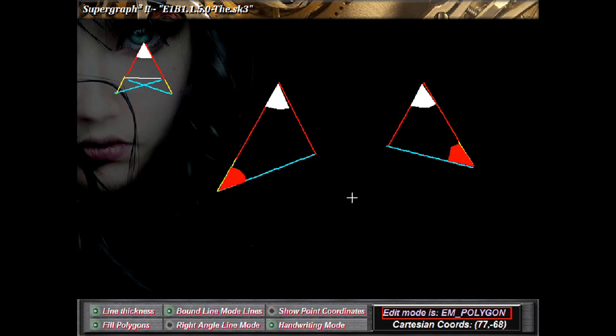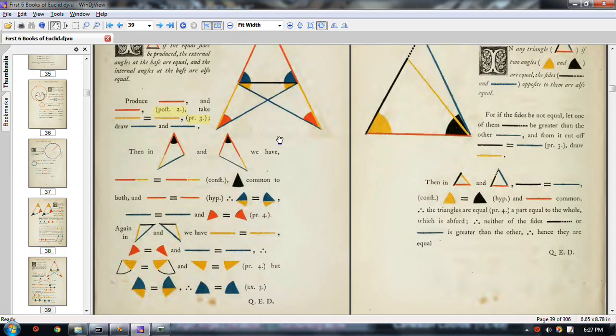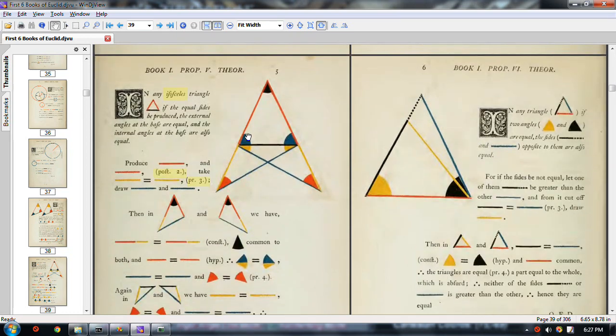And similarly these, which have been indicated as a sum, this blue angle plus this yellow angle are presumed to be this angle, by the way we constructed this thing.